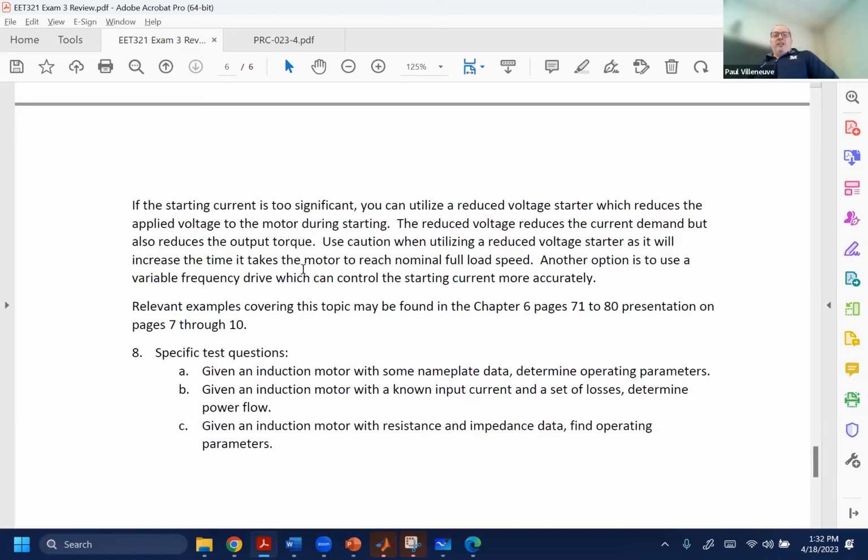Then if you're given a motor that you're measuring the current, calculate the power flow, including any losses. And finally, if you've got DC, blocked rotor and no load tests, be able to calculate the equivalent circuit parameters.